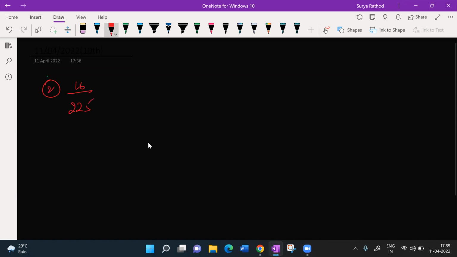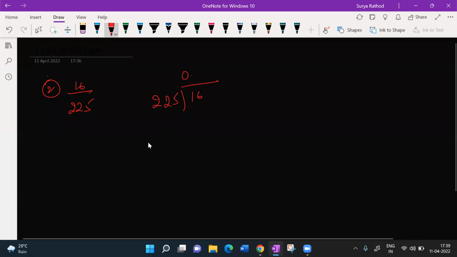16 by 225. Have you tried like this? By taking the LCM of 225, we are getting 0.07111.